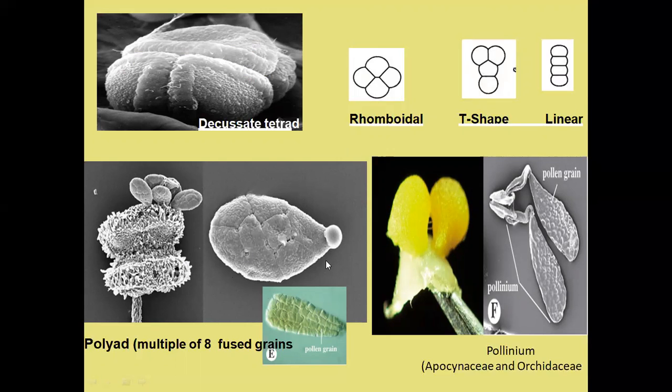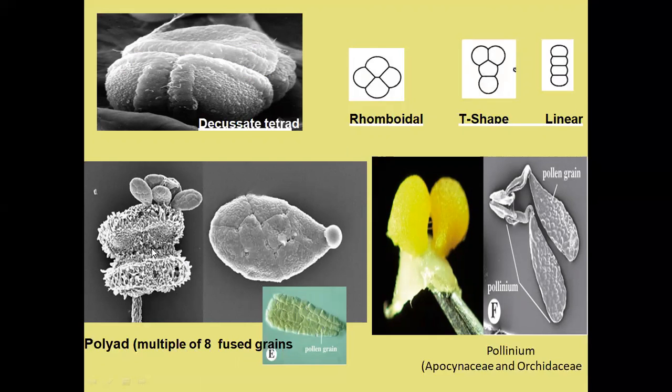We already discussed that in Mimosaceae members these are compound pollen grains. Compound pollen grains have a pollen number of nearly 8 to 64. For example, here multiples of 8 fused grains are there in different species.